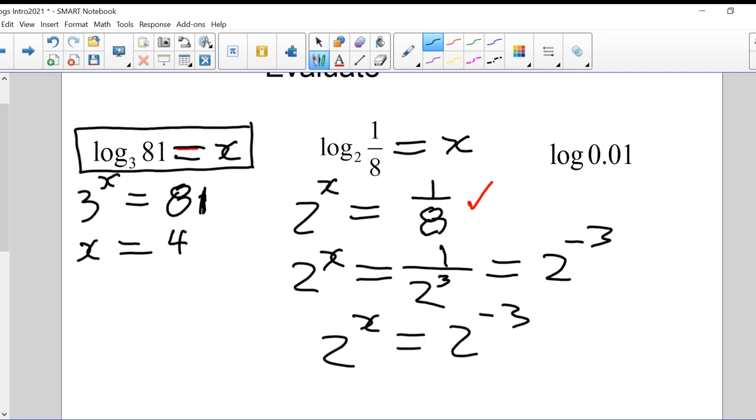But the bases are already the same. If this part here is already the same on the two sides, that means that the other part of the equation also has to be the same. So if 2 is the same 2 over here, then it must mean that the x, which is this part up here, must be equal to this part over here. That's another way to look at it.